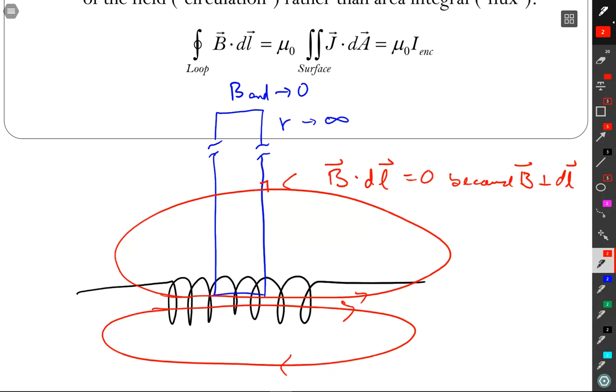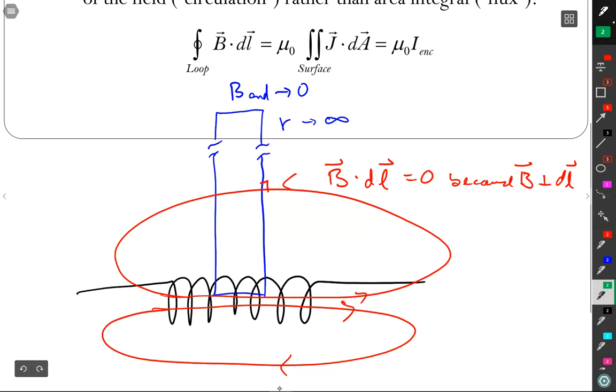And then what we're left with is the circulation for the inside portion. The circulation for this inside portion, let's say that that's a length A across, is going to be the magnetic field inside times A, because B is parallel to the length. So it's just B times A is the integral of B·dl. So now we found the total circulation. It's Bn times A plus 0 plus 0 plus 0.